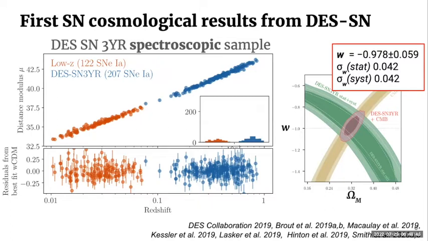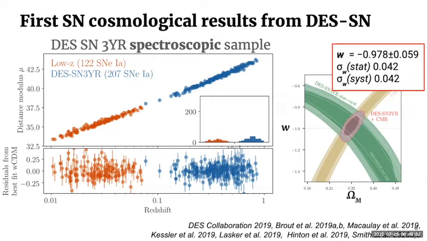So these results were great, but what we actually see on this Hubble diagram and what we actually published 3 years ago uses just 10% of the data that DES has.